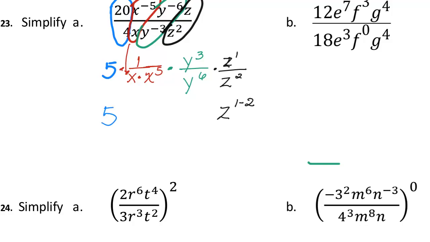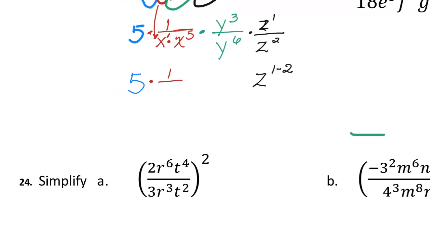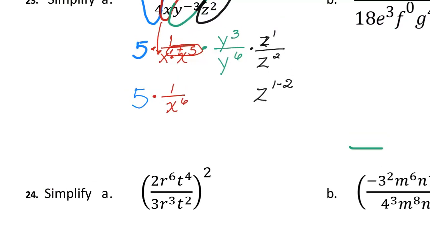All right, so we're not finished yet. We got 5 out in front. We have 1 over x to the first times x to the fifth. So how many x's am I multiplying all together? 6, yeah. You have 1 here, you have 5 being multiplied here. Remember, when you multiply, you add. So that's x to the 6th.